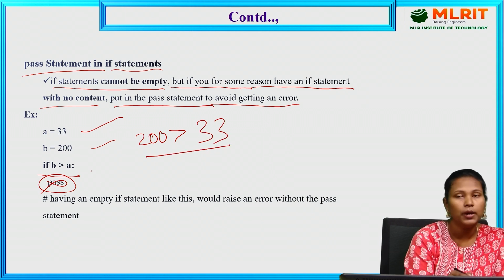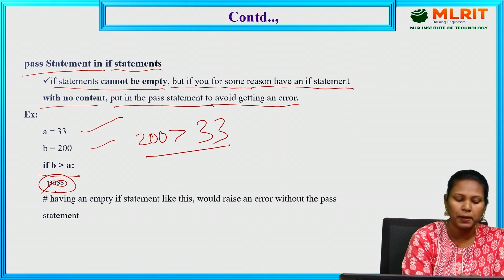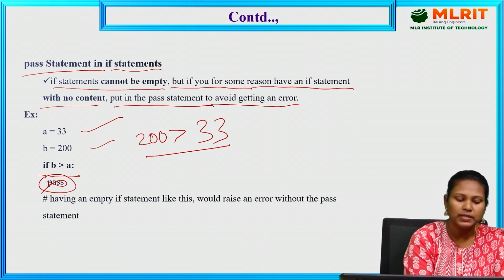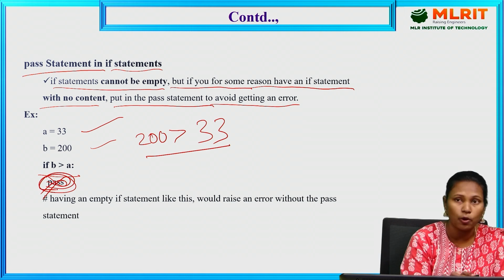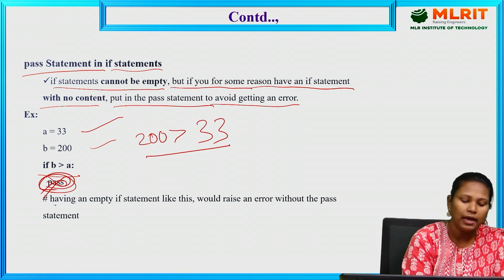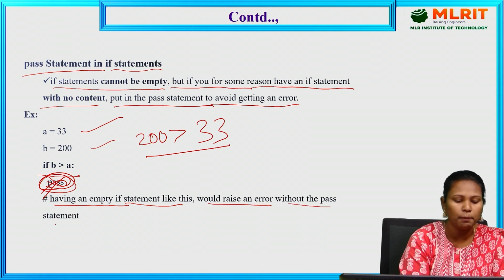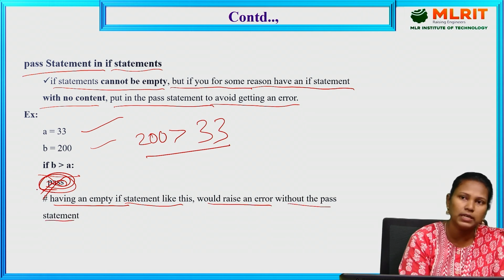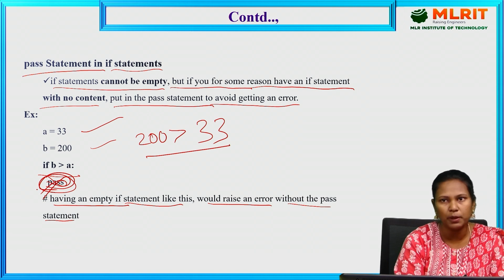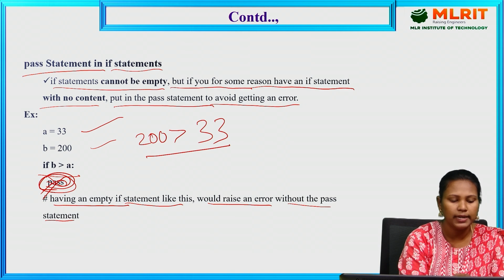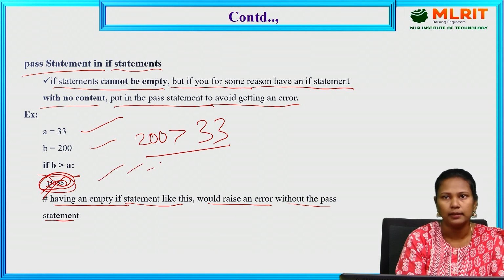The condition is true, so it goes to the if block. Pass is there, so it displays nothing but it executes. If the pass statement is not there, it shows an error. An empty if statement like this would raise an error without the pass statement. That's why we use the pass statement, so that the line can execute.